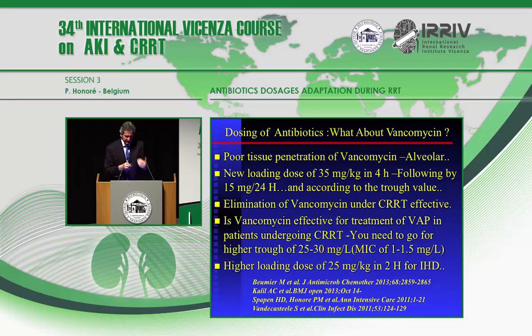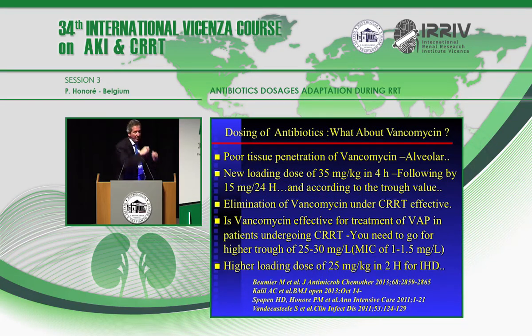For doing this, you need a new scheme of loading dose, very important, set by Bermier in JAC 2013: 35 milligrams per kilo, because like any drugs in ICU, we speak in milligrams per kilo, okay? No fixed dose. And in 4 hours.